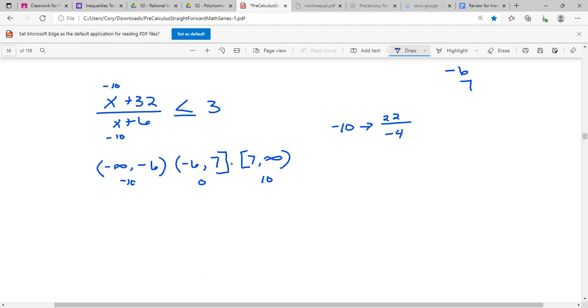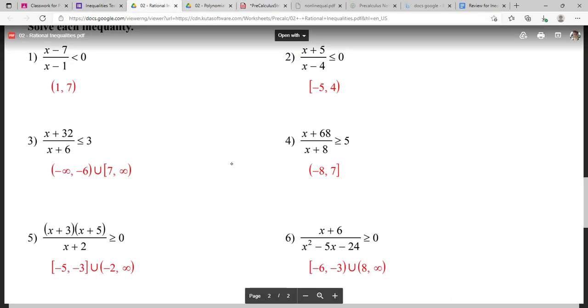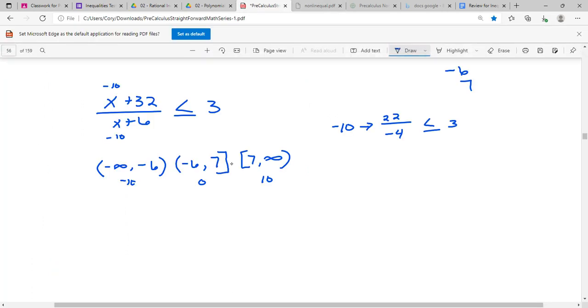Is that less than or equal to 3? Yeah, it's a negative number, so it's definitely less than or equal to 3. Let me make sure that's right. Yep. So that one checks out. It will work.